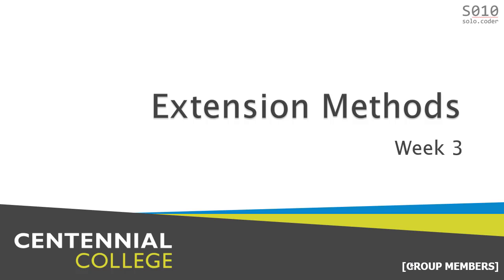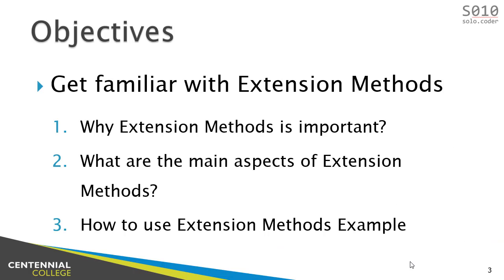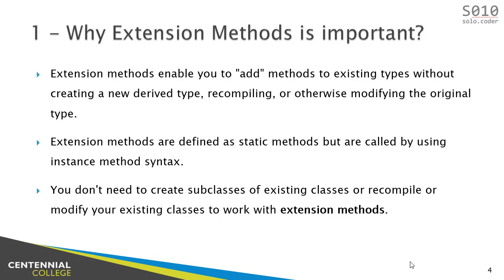Extension method. I'll go explain why extension is important, what the main steps of an extension method are, and how to use it with an example. Why is extension method important? Because extension methods enable you to add methods to extend a type without creating a new derived type, recompiling, or modifying the original.